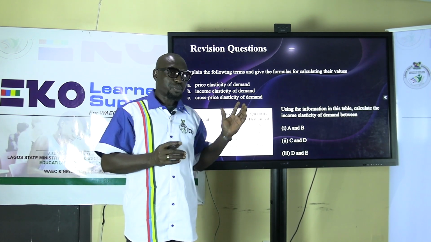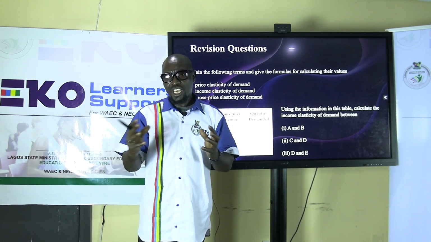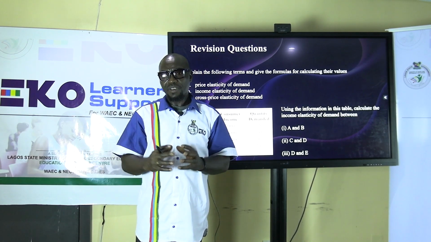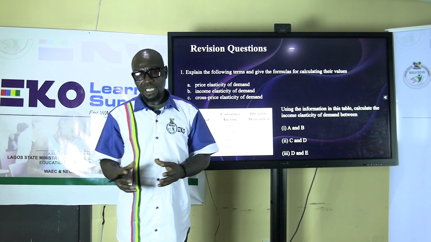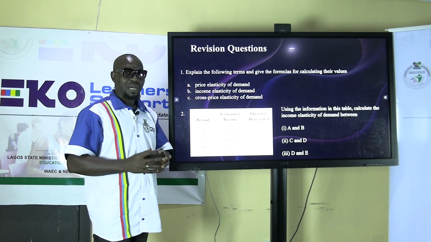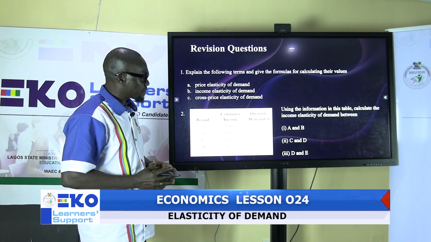So cross-price elasticity can be calculated by first getting the change in the quantity demanded of bread and then dividing it by the change in the price of butter, just like we did for income and price elasticities. And then you get the cross-price elasticity.